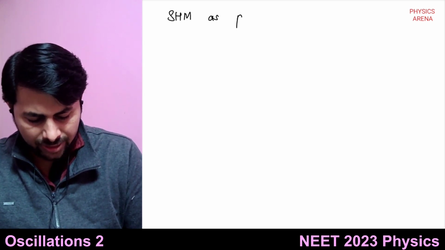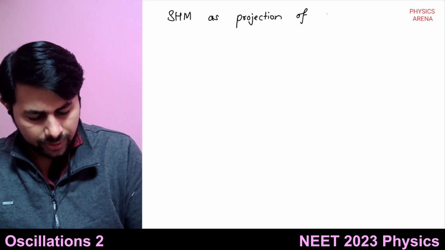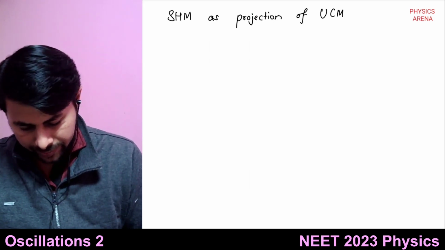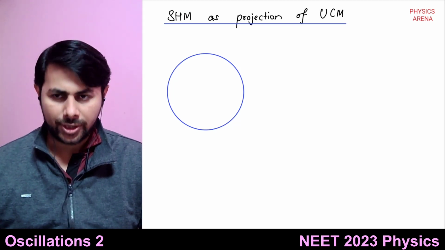SHM as projection of uniform circular motion. Let's consider particle performing uniform circular motion.